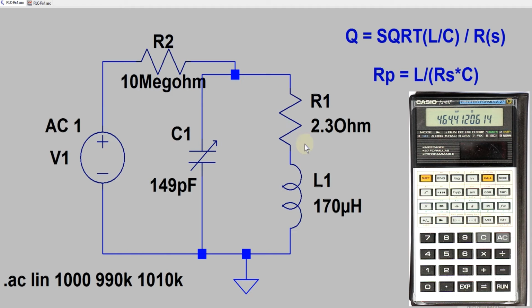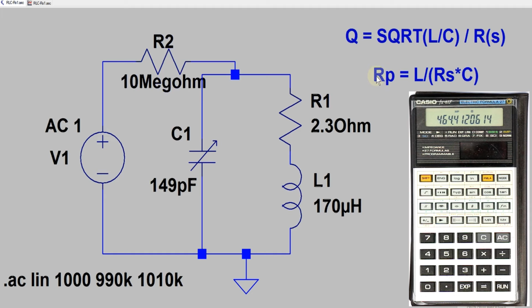Which means that in the equivalent parallel circuit, this resistor is placed here in parallel to the capacitor and to the inductor. So it's no longer in series. We will see how this looks in a schematic in LTspice just in a minute.